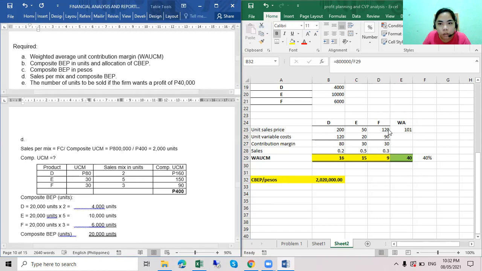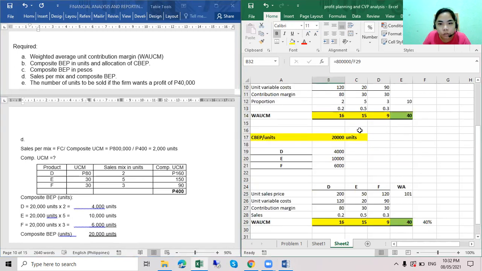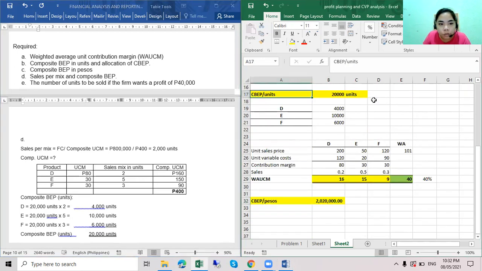So, nakuha ta na ang contribution. So, your contribution composite break-even point in units is 20,000. Yeah, sales per mix, nakuha ta na. Muto siyang 4,000, 10,000, and 6,000.